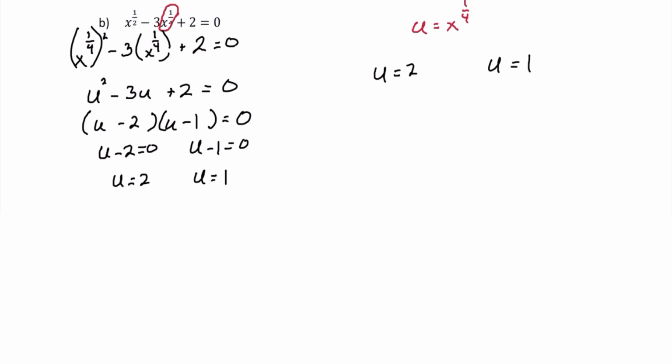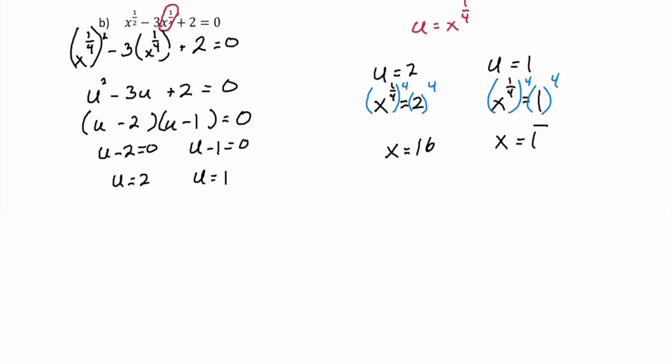So what we'll do is we'll take our substitution, x to the 1/4, and replace u with x to the 1/4. Back substitute to get x back into our equations. And now x to the 1/4, to remove that 1/4 power, we will raise both sides to the 4th power. We end up with x equals 2 to the 4th is 16, and 1 to the 4th is 1.